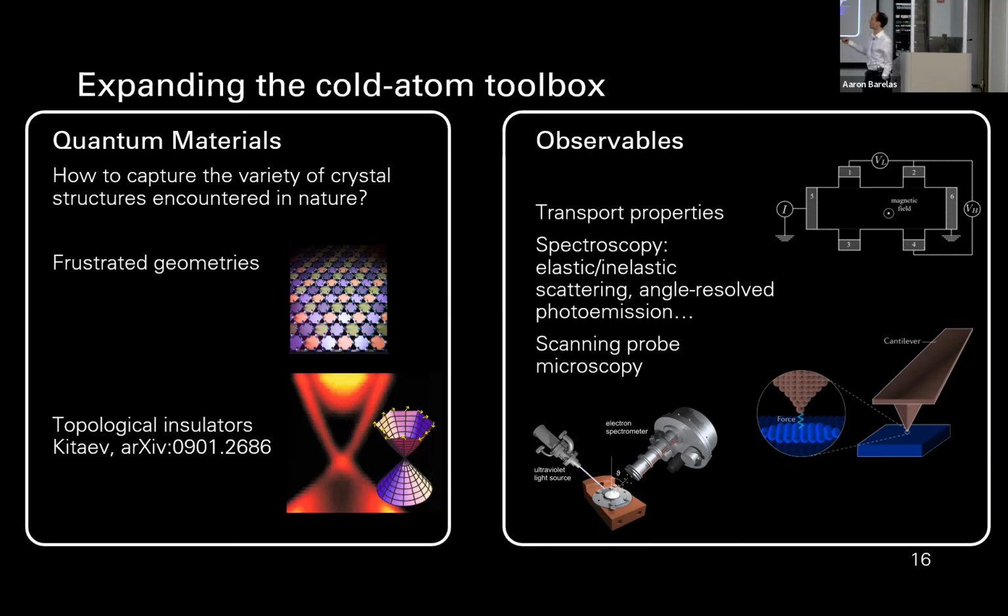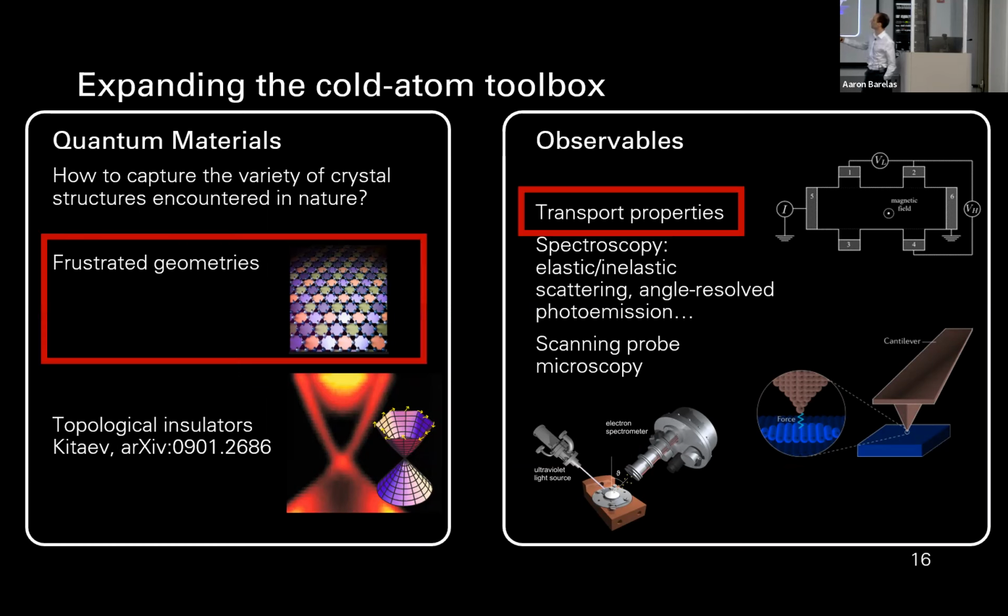And so in my talk, I'm going to essentially divide this presentation into 2 parts, really showing you, and that's work I've been involved in during my postdoc, how you can expand the toolbox in terms of quantum materials to generate frustrated geometries. And this is work performed during my PhD, how you can use cold atoms to probe transport properties.